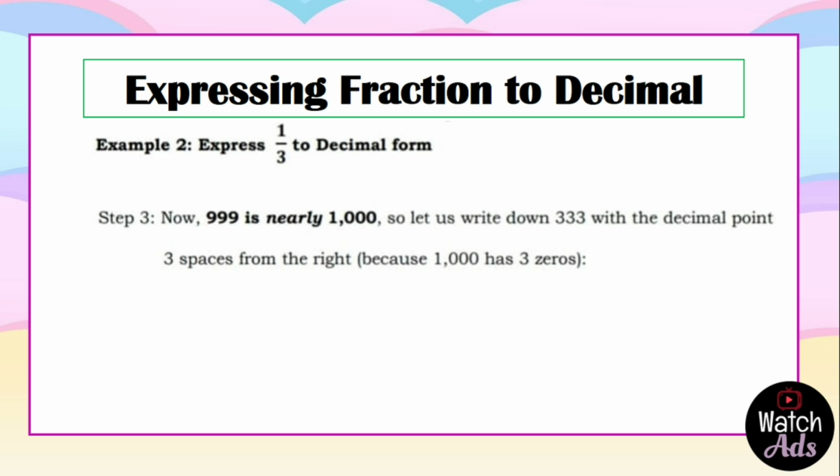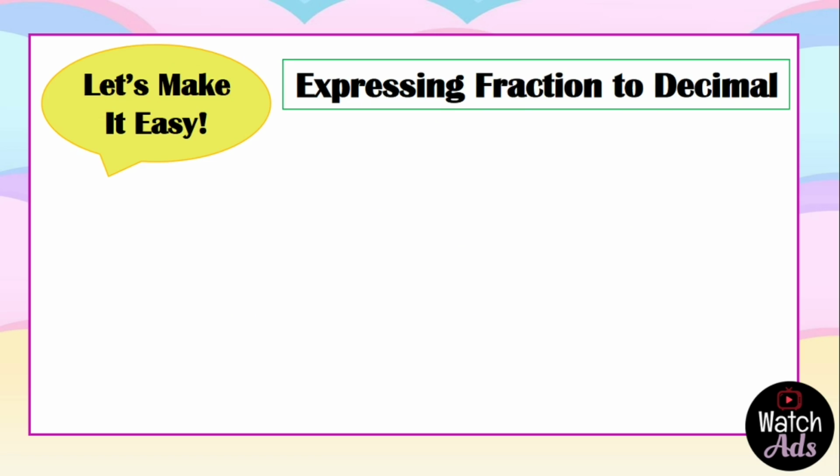For the third step, now 999 is nearly 1,000, so let us write down 333 with the decimal point 3 spaces from the right because 1,000 has 3 zeros. That gives us 333 thousandths. That is accurate to only 3 decimal places.